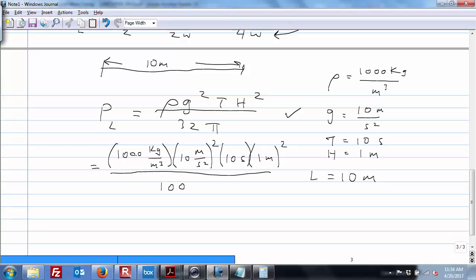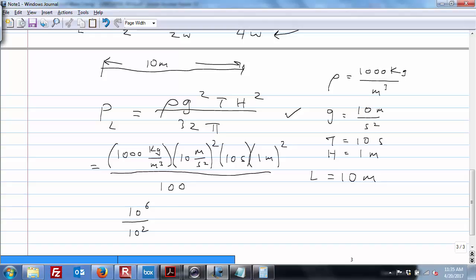All right, so this is 1,000 times 100, right, because it's 10 squared. So that's 10 cubed, 10 to the 4th, 10 to the 5th, 10 to the 6th, if I did that right. That's 10 to the 6th divided by 10 squared.